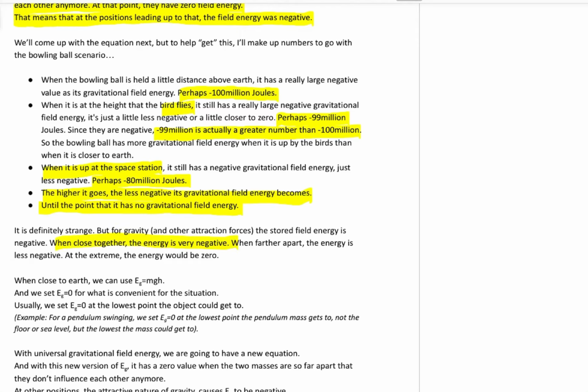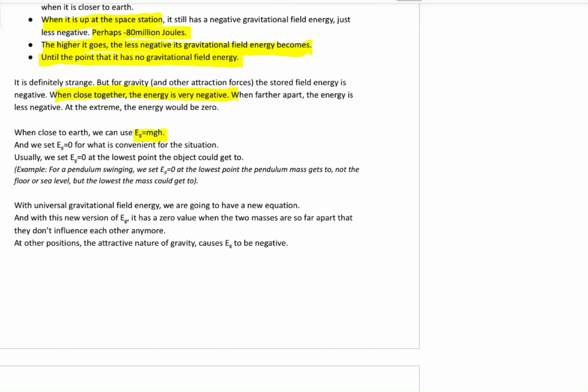Okay, last little bit before we get to the math. In grade 11, we used E equals mgh, and we could manually set the EG equals 0 depending on the question. Often we gave you, I typed here pendulums, but often we gave you roller coaster questions. If a roller coaster starts 20 meters up in the air, how fast is it going at the bottom? For that, we would say that at its lowest point, the EG was 0.